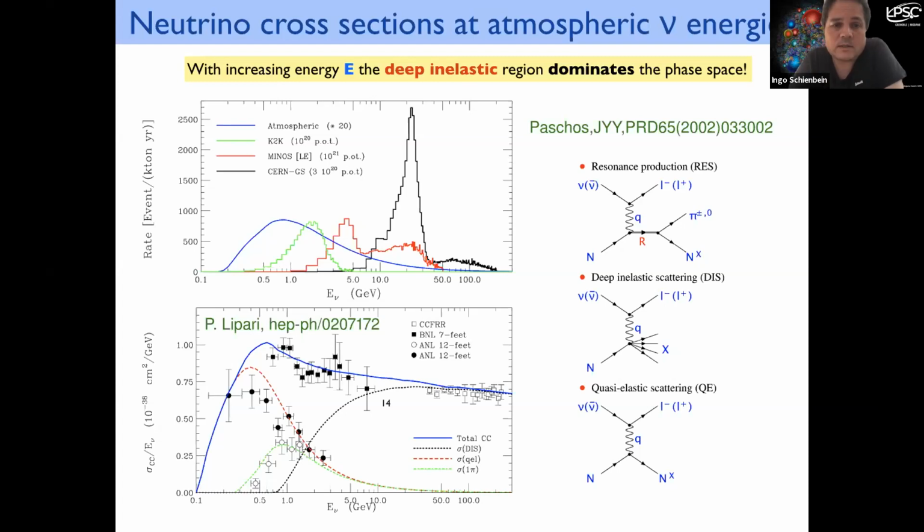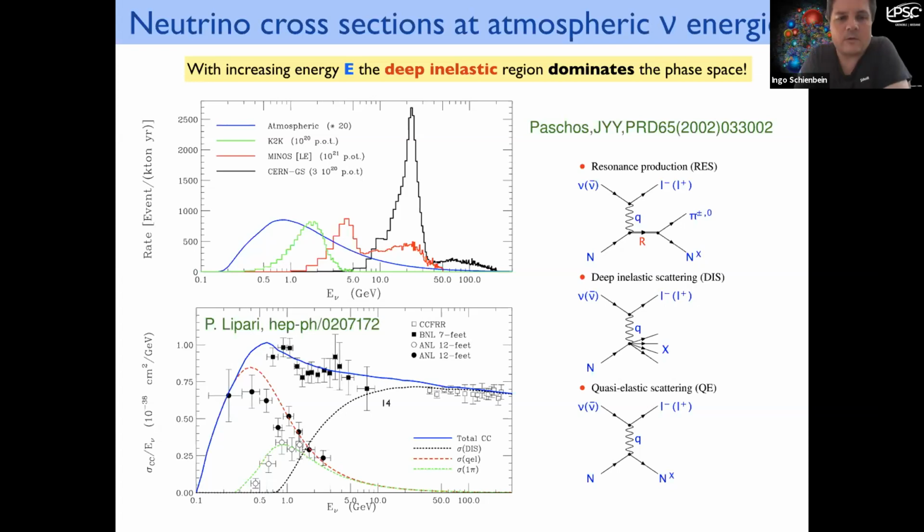And the future long baseline experiment will also have a flux in this area, because if you look at the neutrino oscillation formula, which has a sine square of the baseline length over the energy, L over E, times the mass difference delta M square, with a length of a couple of hundreds of kilometers and these atmospheric neutrino energies, you probe exactly the mass range of atmospheric neutrino oscillations.